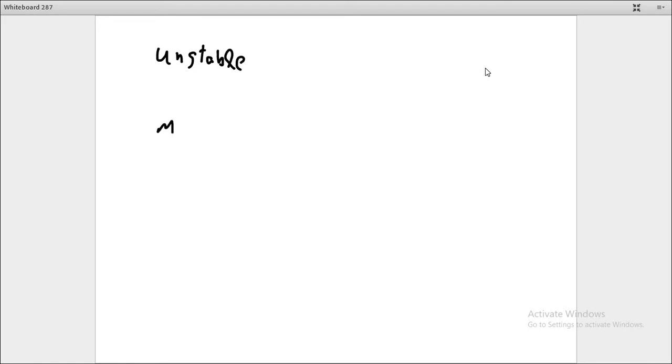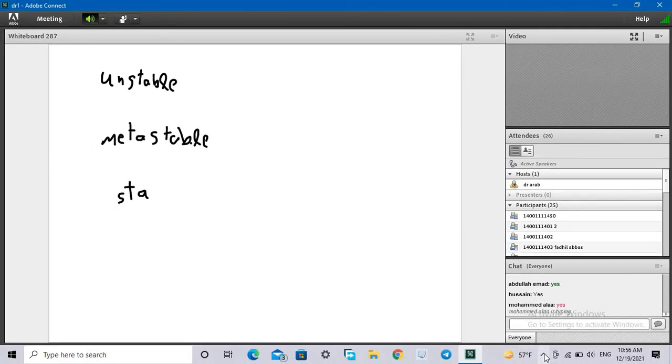Other is metastable, or semi-stable. Sorry, my handwriting is not very good, it is hard to write this way. Unstable, metastable, and stable. Okay.